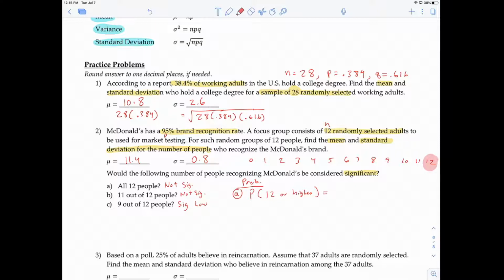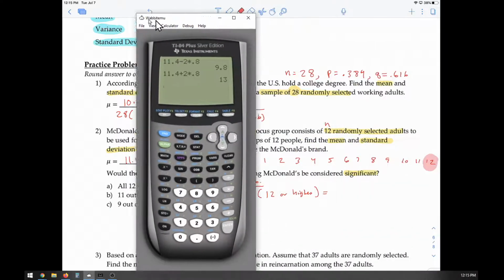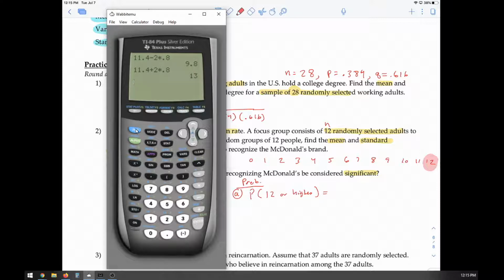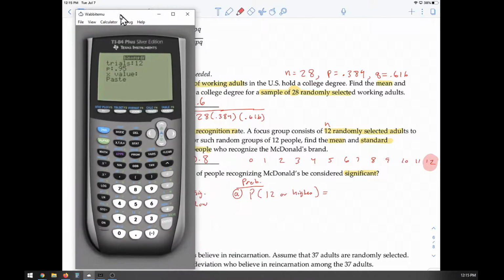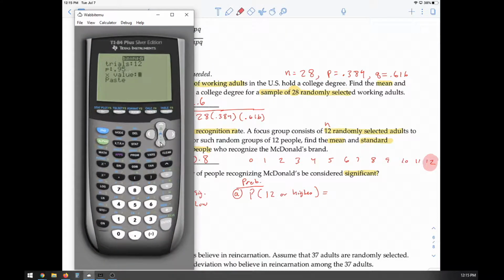So we can use binompdf for this problem. We're going to go 2nd, vars, and go to binompdf. The number of trials is 12. P is 0.95, right? That's the probability that someone recognizes McDonald's, which is 95%. And then x would be 12. And then paste.